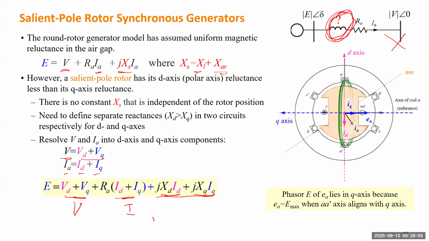E is always on Q, because if we define based on our initial time, the phasor E of the winding A lies in the Q axis, because the voltage reaches a maximum value when the winding A axis is aligned with Q. We have explained this one for the round rotor generator, so it's the same for the salient pole rotor generator.